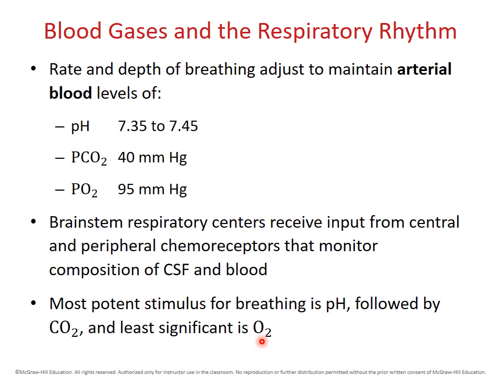So they're primarily monitoring pH. But of course, we've talked repeatedly about how changes in these variables tend to correlate with one another. And so by adjusting pH, we tend to automatically appropriately adjust carbon dioxide and oxygen levels as well because of how they fluctuate together.